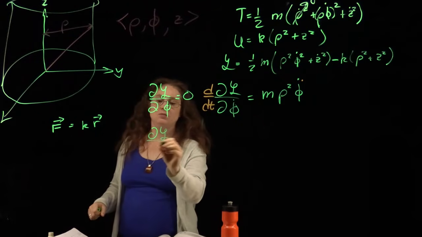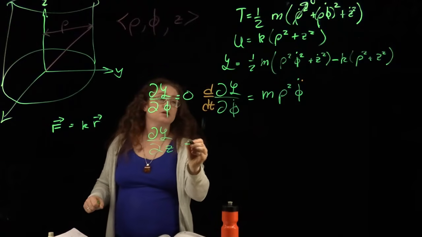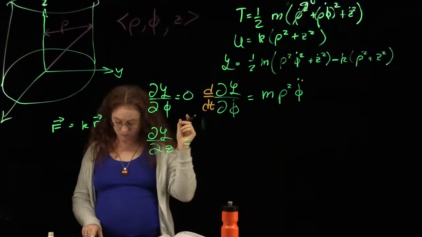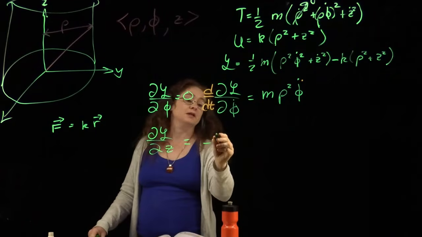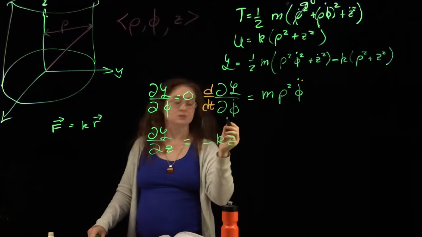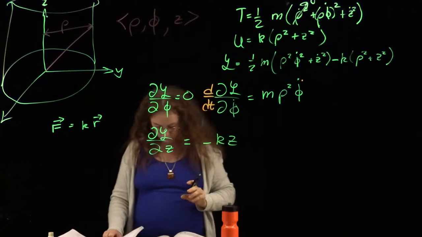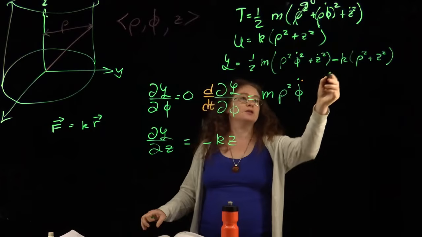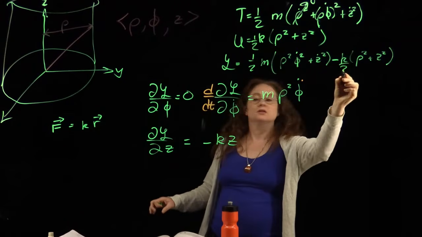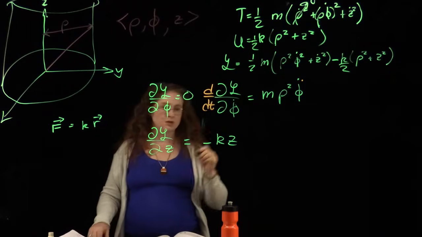Partial L, partial z is equal to negative k z. Here I dropped this, it should have a 1/2. So that makes this negative kz when I take the derivative.